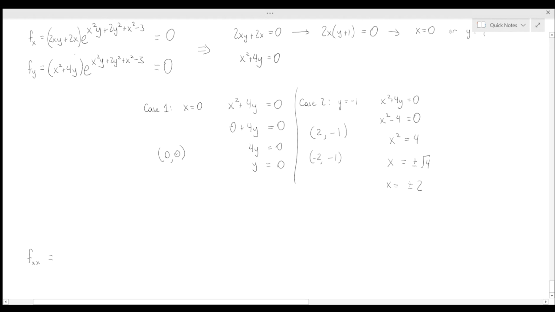Now, to get the second order partial derivatives, I'm going to need to do some product rules on this, because I have a product of two functions. So let's remember what the product rule was real quickly.